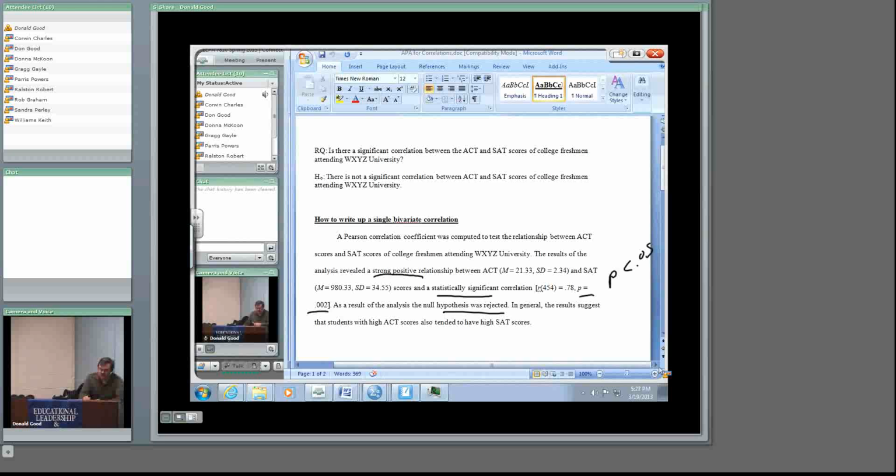Now, what if we had found something like p is equal to negative 0.24?